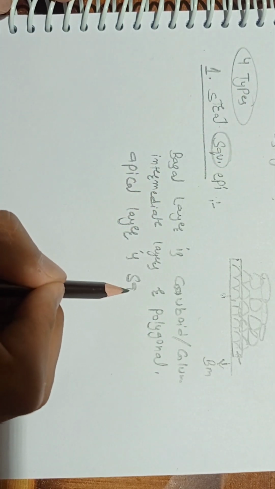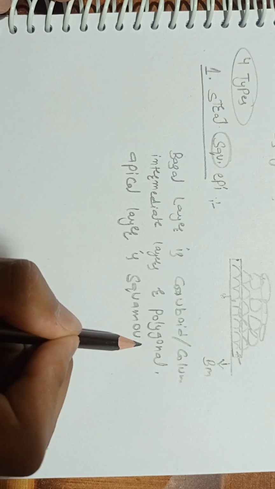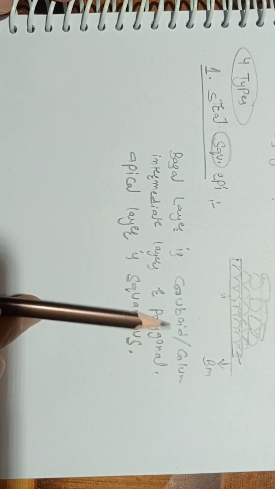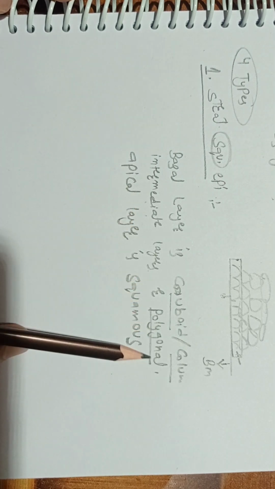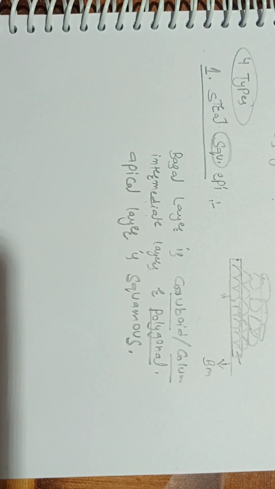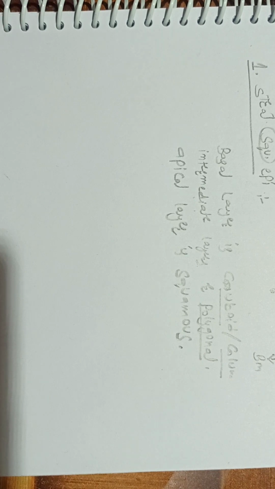So that epithelium in which the basal layer is cuboidal or columnar, the intermediate layers are polygonal, and the apical layer is squamous. Now we will draw this stratified squamous epithelium.